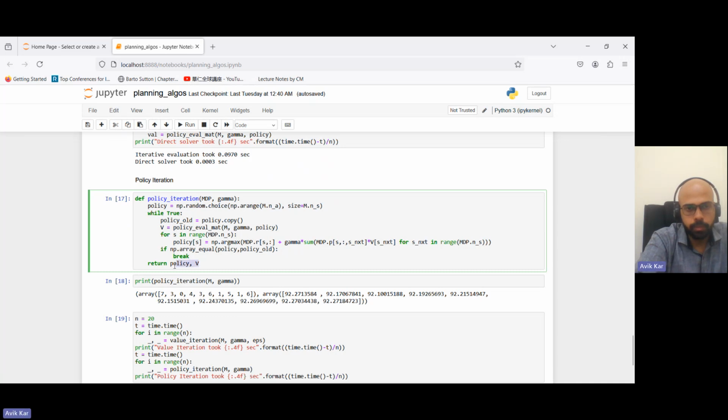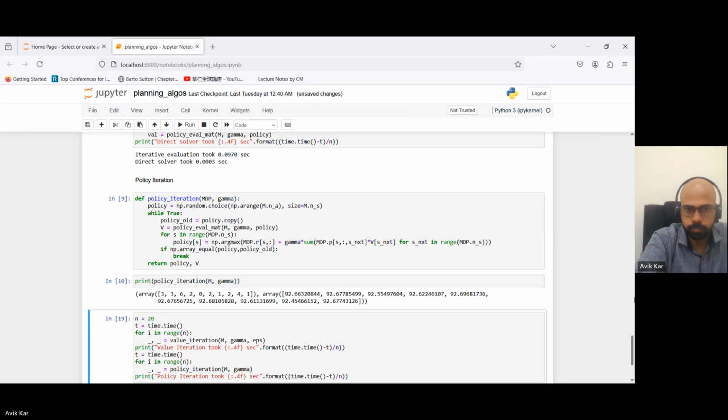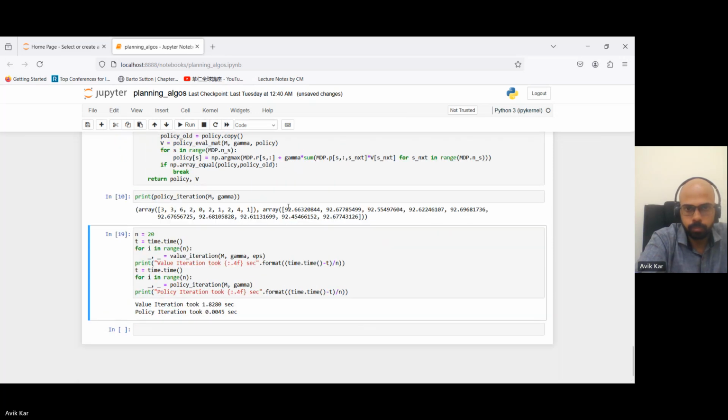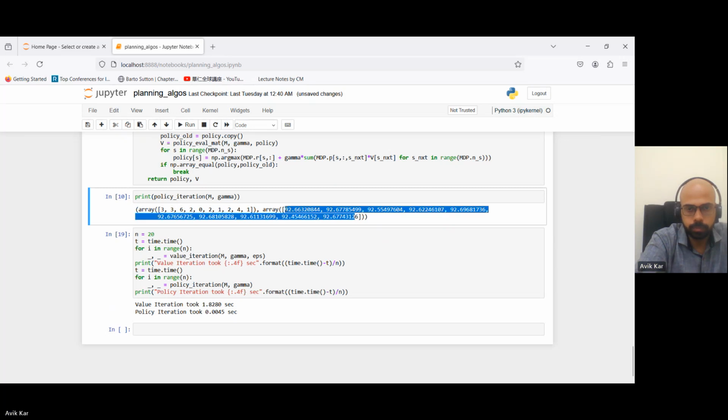And at the end we'll return the policy and value, the optimal policy. So let us run this algorithm. So here you see it is giving the optimal values.